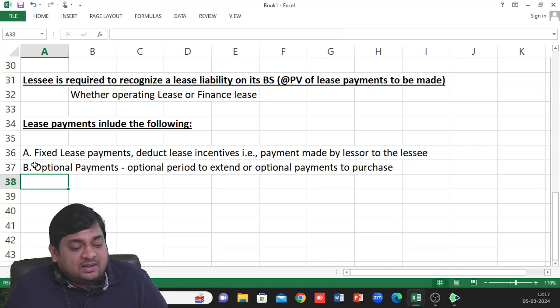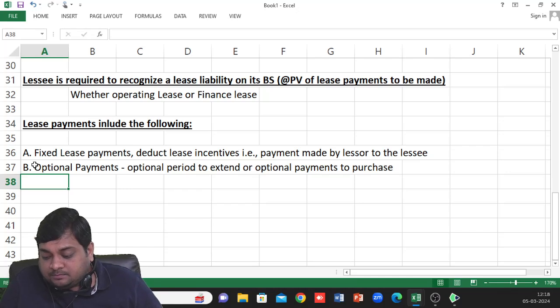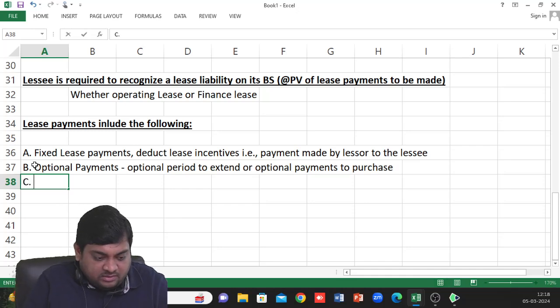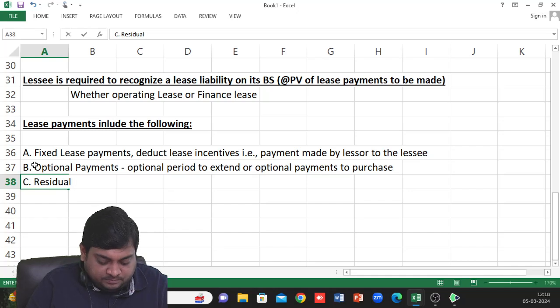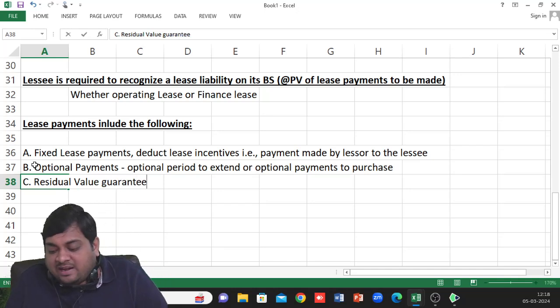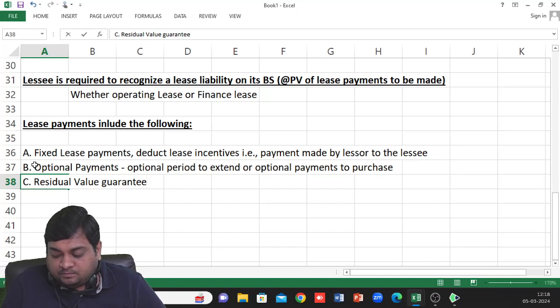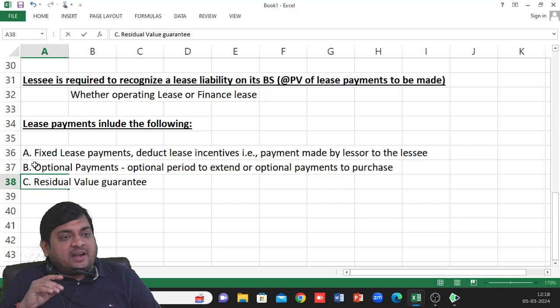So these will be included in lease payments, right? Then we have residual value guarantee. This much I will give you at the end.